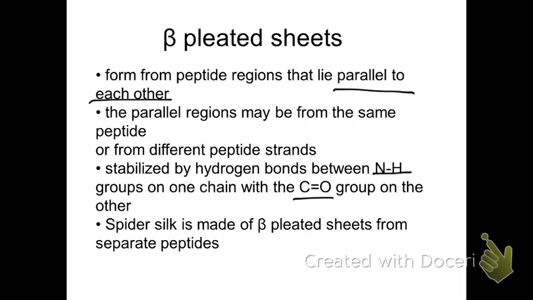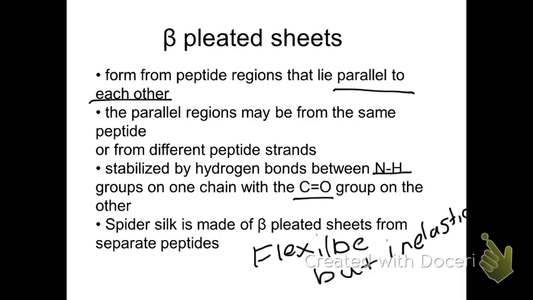These beta pleated sheets are flexible, but inelastic, so they don't stretch very well. We find them in spider webs and silk. A spider web is usually composed of lots of beta pleated sheets, which are flexible but not elastic.